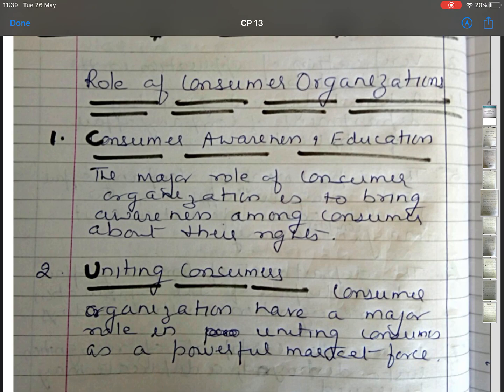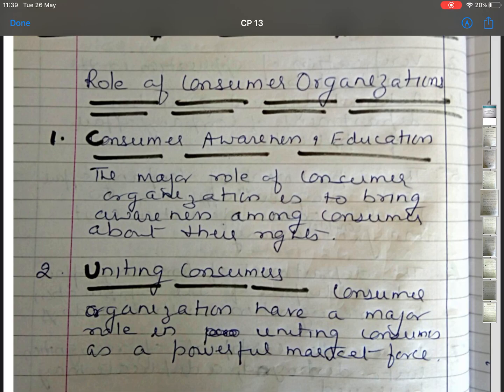They make consumers aware about their rights and the way to seek redressal of their complaints. They educate consumers about harmful effects of the products. So we can say that consumer organizations are using various activities, street plays, counseling, exhibitions, for making aware or for educating consumers.